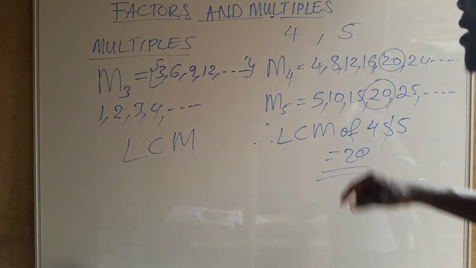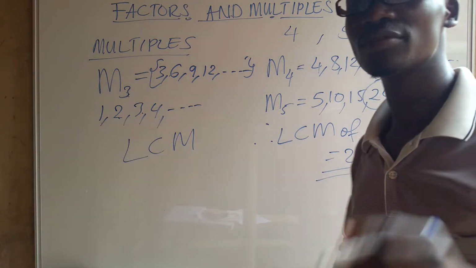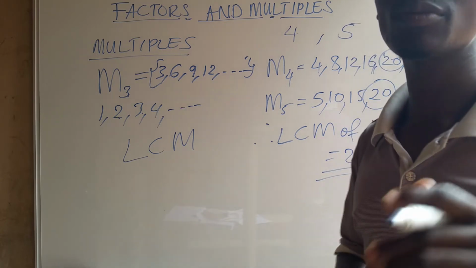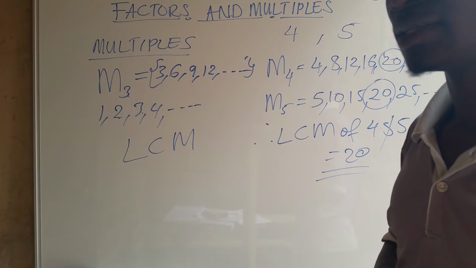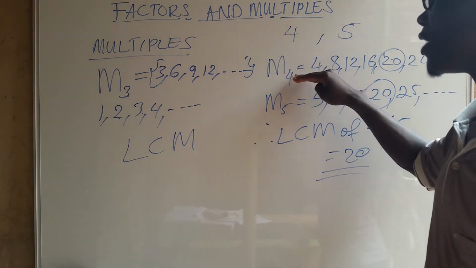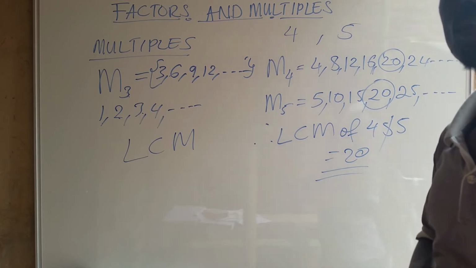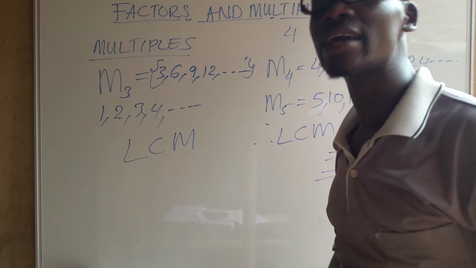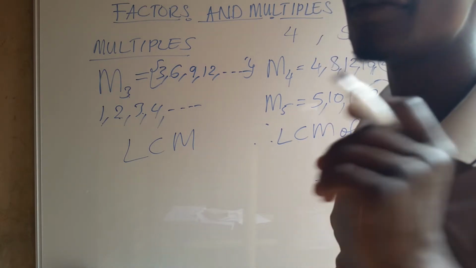However, apart from listing the multiples of each number, we can also find the LCM using what we call the ladder method, where we decompose 4 and 5 using their prime factors. We reduce them to 1 and then multiply the divisors.